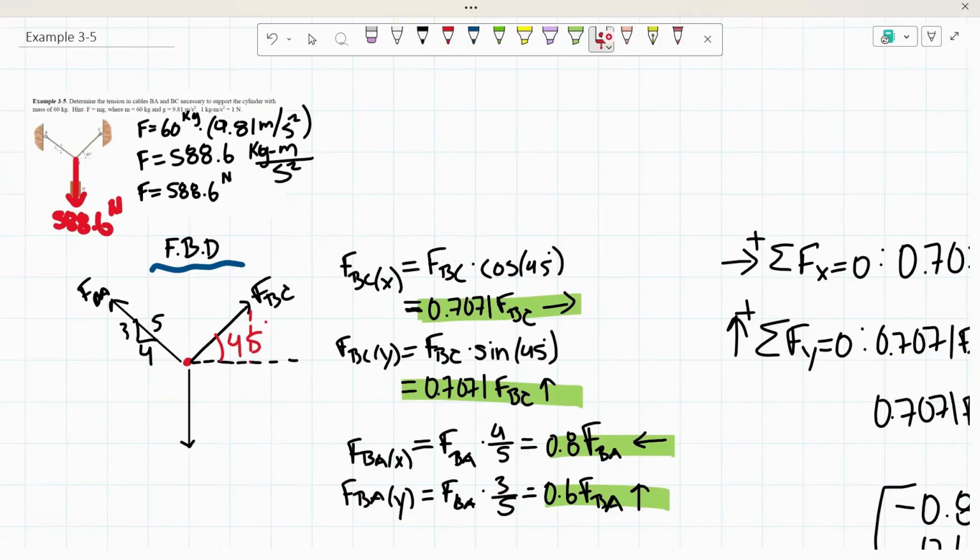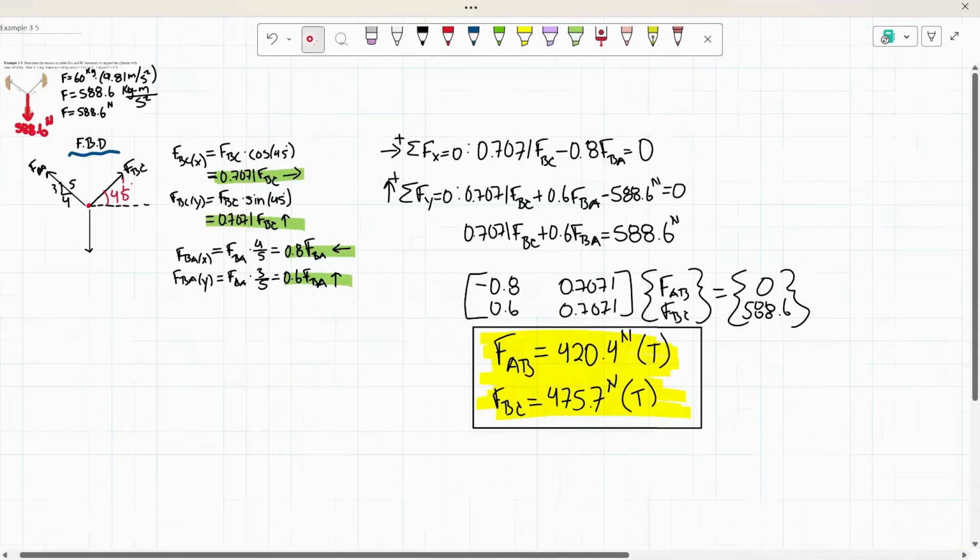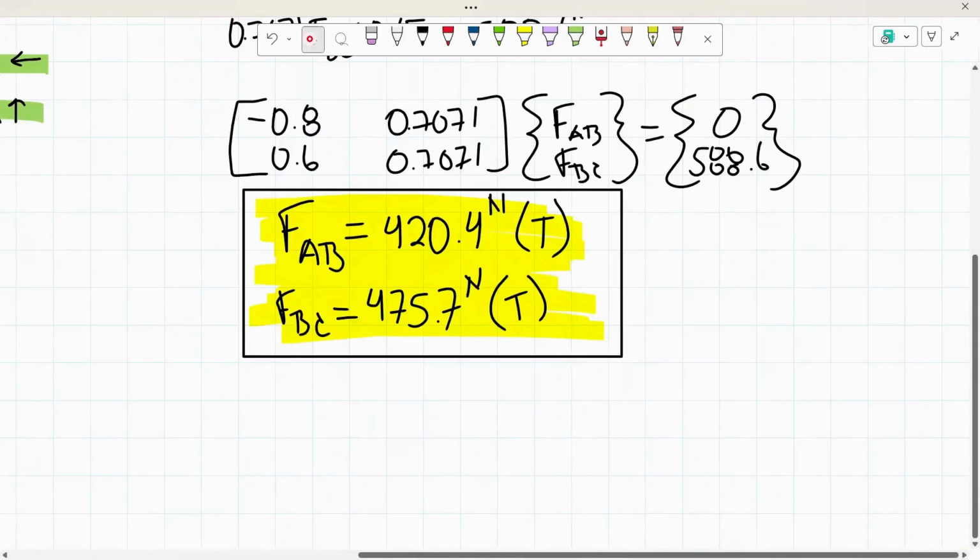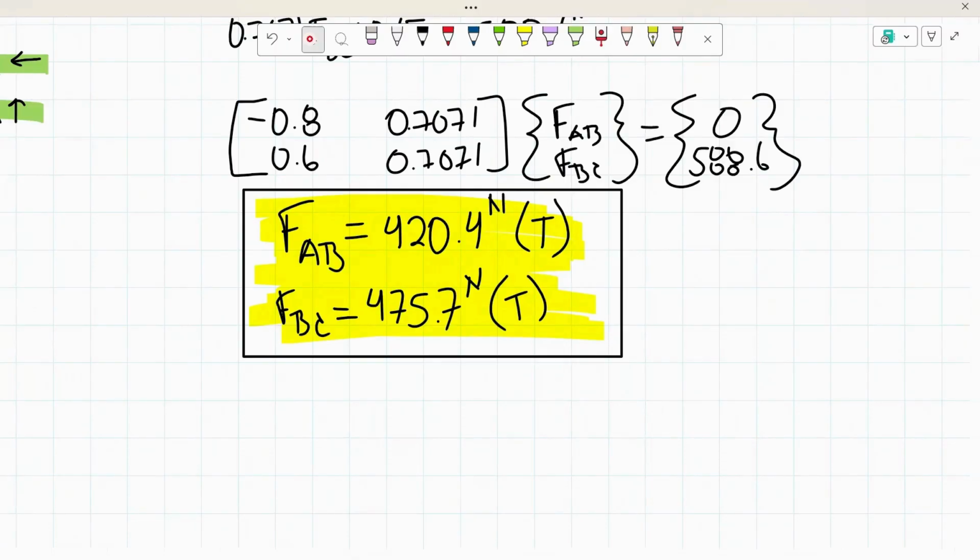So the tension that is happening in these cables due to this cylinder is 420.4 newtons in cable BA, and in cable BC we have 475.7 newtons, also in tension.